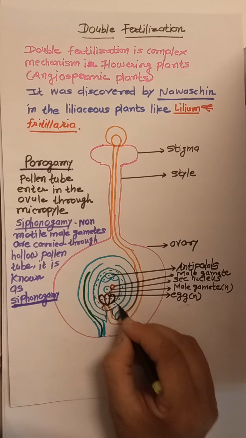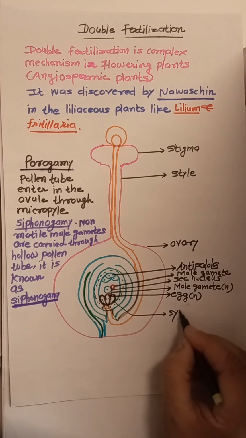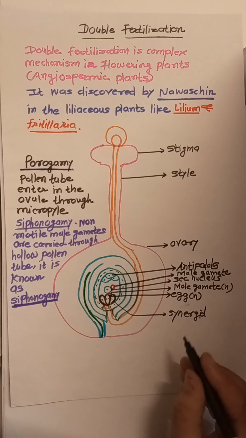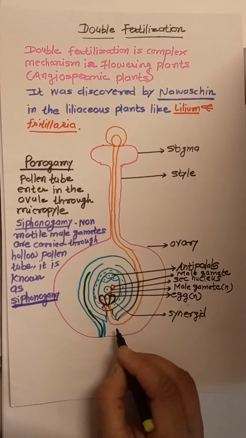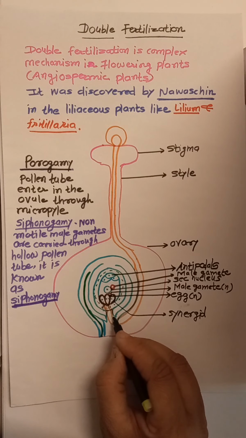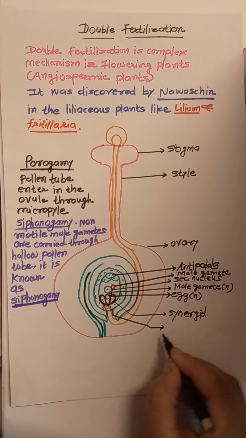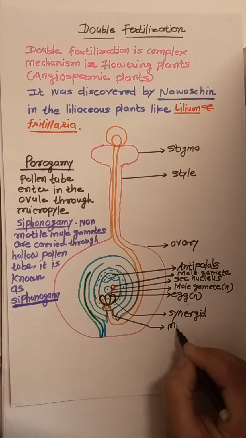This cell is called as synergid. There are two synergids, and this opening through which pollen tube enters inside the ovule is called as micropyle.